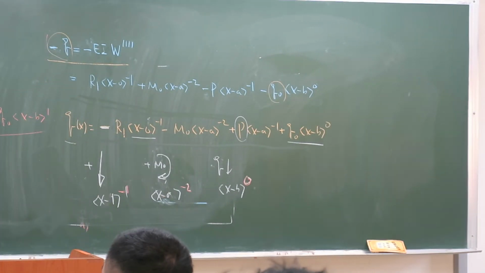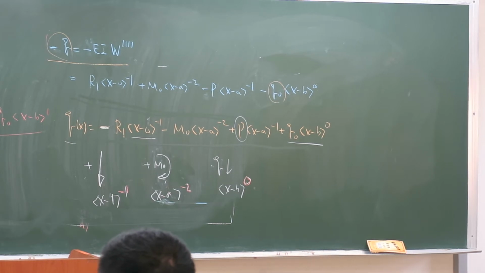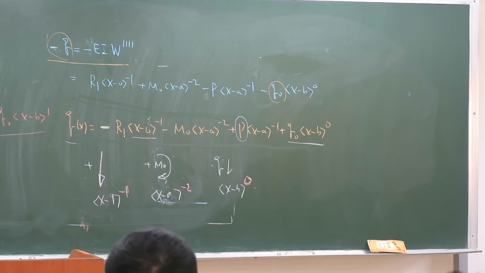For the moment, you can see, R should go with x minus the first power. Okay, just like P. The moment minus P, and the Q is minus Q. But here it is more straightforward.